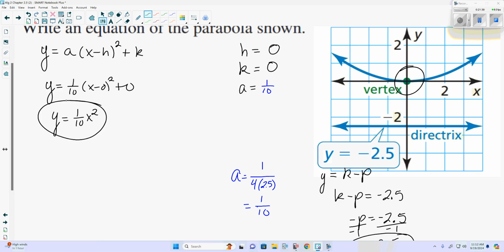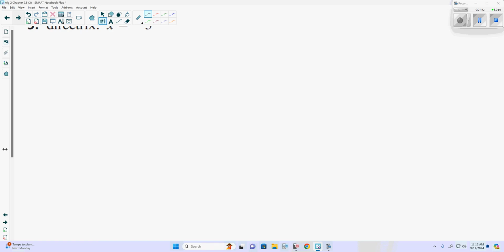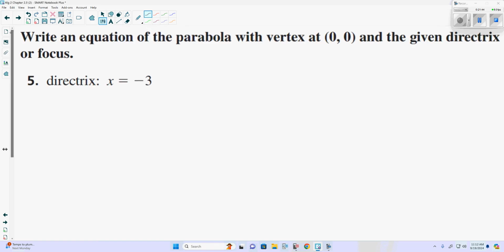Yeah, it is. Yes. And that's also, if you notice in the general form, that's really what it is, just that a value, because everything else cancels out. So here, directrix x is equal to h minus p. H minus p is equal to negative 3.